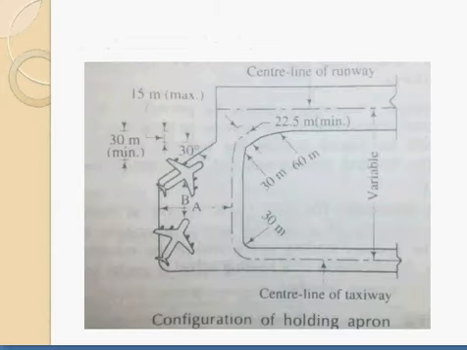So here you can see, this is our taxiway, this is our runway. The aircraft has to come through this taxiway and reach here for taking off. This holding apron is used only by aircraft that are waiting for taking off. So the aircraft can reach here and park here. If any urgent maintenance is needed, it can be done, and they can wait here for taking off.